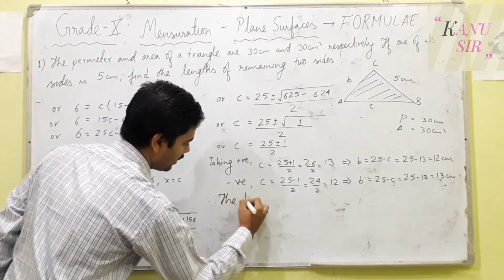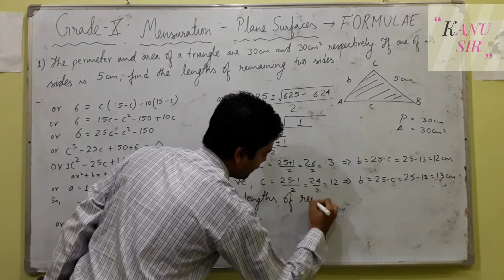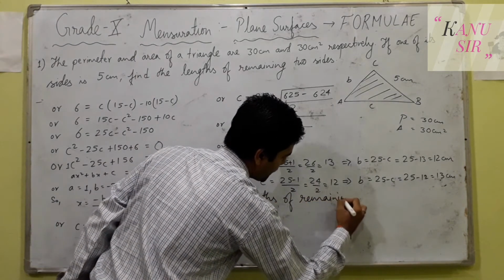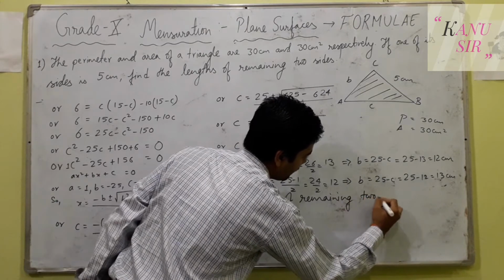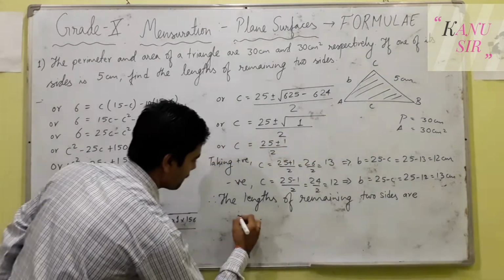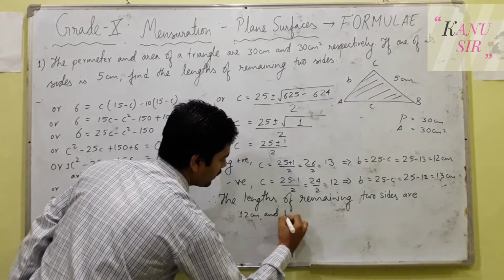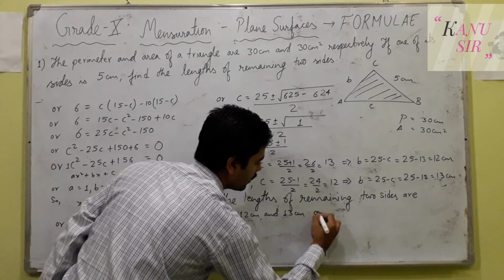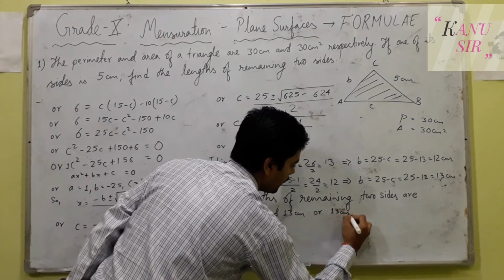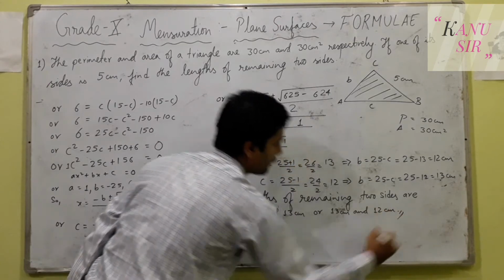Therefore, the lengths of the remaining two sides are 12 centimeter and 13 centimeter, or 13 centimeter and 12 centimeter.